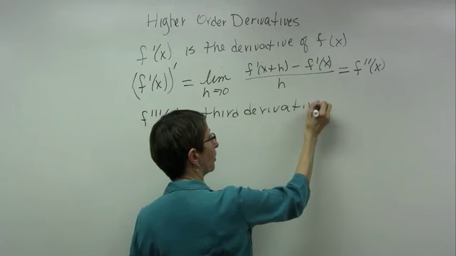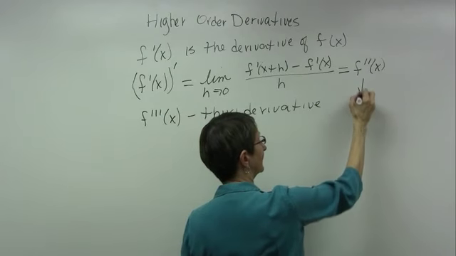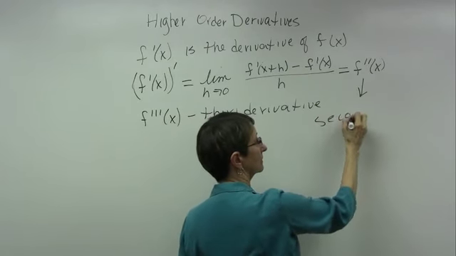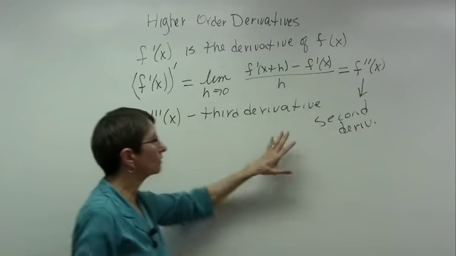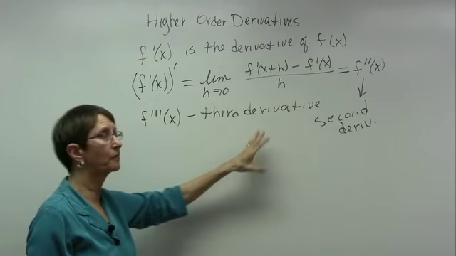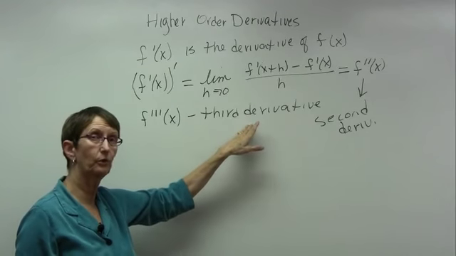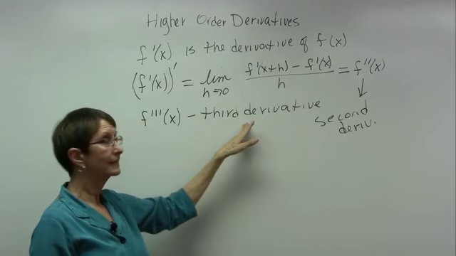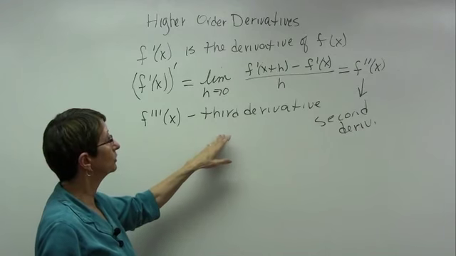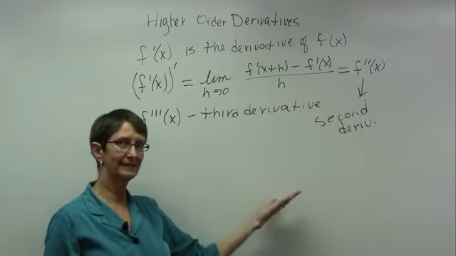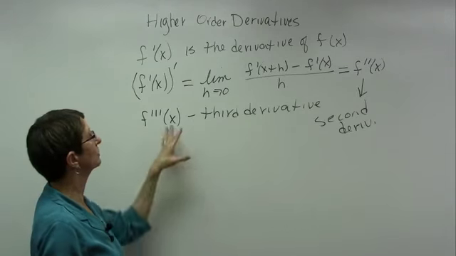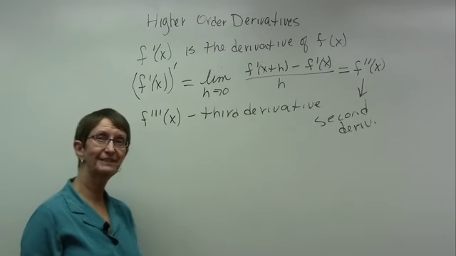F double prime of x is the second derivative. We don't work a lot beyond second derivatives, but there are occasions when we might need to work with a third derivative. And once you get into derivative rules, you'll be doing more of these. Okay? We don't do them as much with the definition.